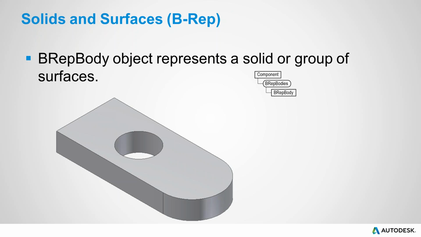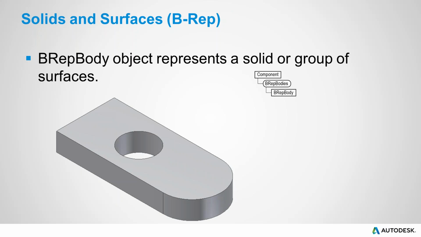These are the same thing you see in the browser, where there's a bodies folder you can open up to see individual bodies, turn their visibility on and off, change names, and all that kind of stuff. Those are these BREP body objects.